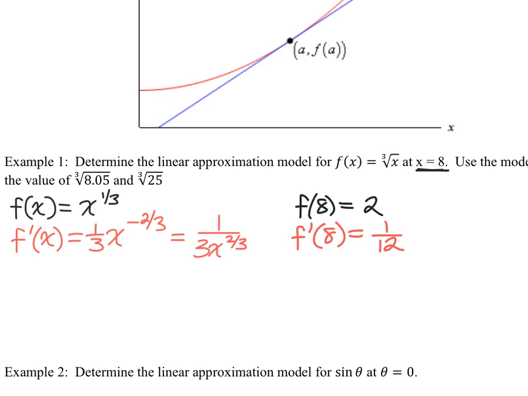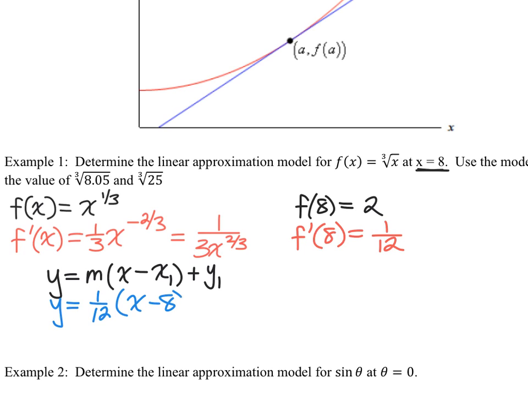All right. So what we get from this is a tangent line equation. Point slope form of a tangent line, y equals m times x minus x sub 1 plus y sub 1, which corresponds to y equals 1/12 times x minus 8 plus 2. So this is no different from what we had been doing before. Write the equation of a tangent line.